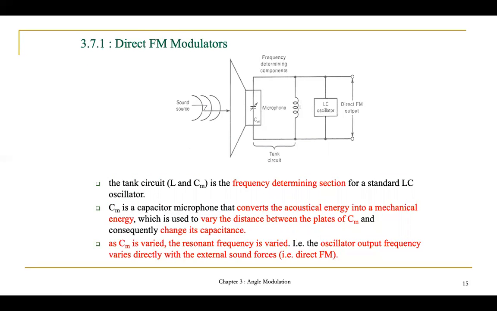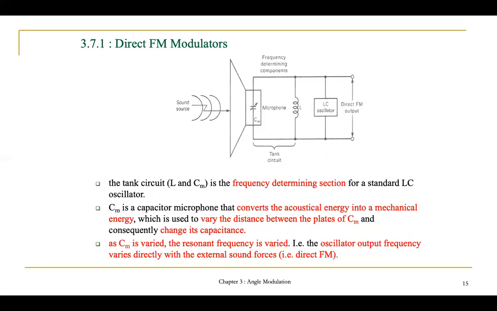Okay, so over here it is stated that the tank circuit, which consists of the inductor and also the capacitor, is the frequency determining section. And the CM is a capacitor inside the microphone. The function is to convert acoustic energy into mechanical energy.